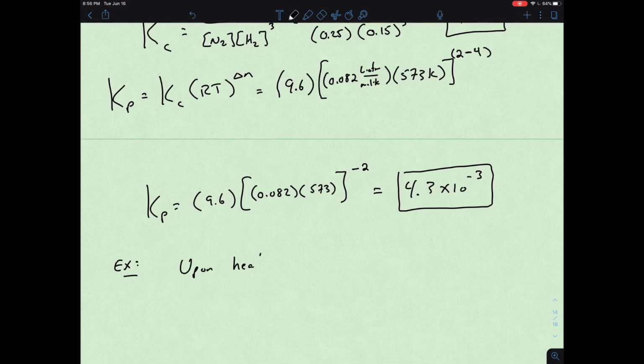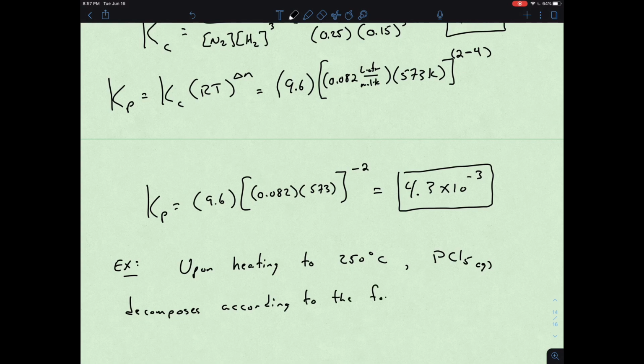So upon heating to 250 degrees Celsius, phosphorus pentachloride gas decomposes according to the following reaction.